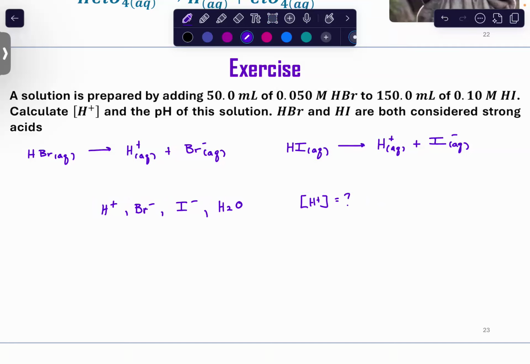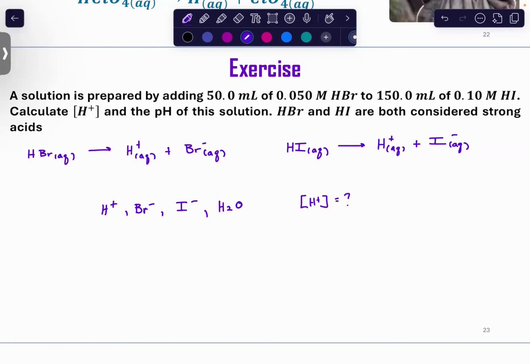I have so much of a certain molar solution of hydrobromic acid, and I have a certain amount of a 0.1 molar solution of hydroiodic acid. How do you think I get that concentration of protons? We will once we get there, but we need that concentration of protons. So the first thing we need, how many moles of protons do we have?